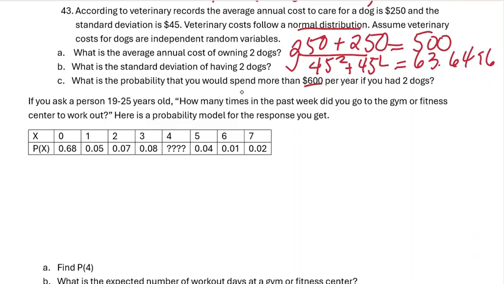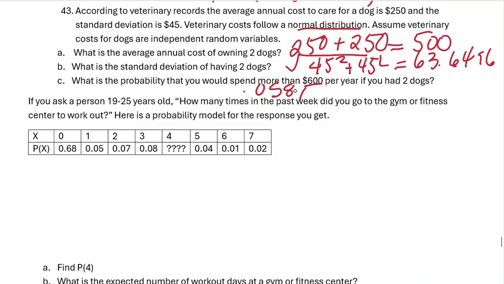The mean is 500, and the standard deviation is the square root of 45 squared plus 45 squared. And we get 0.0581.